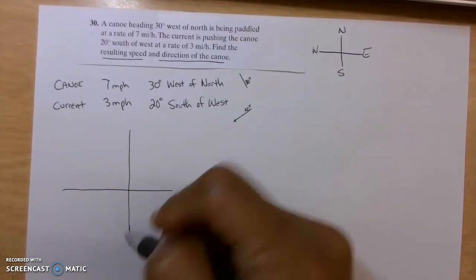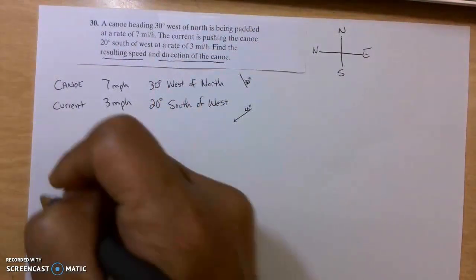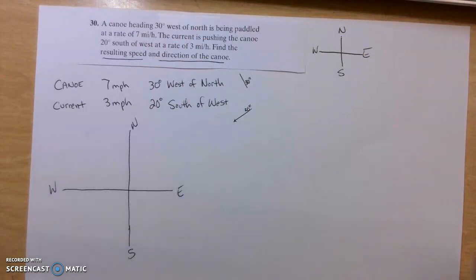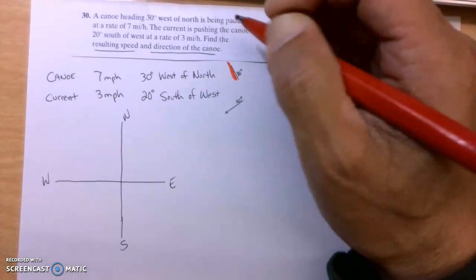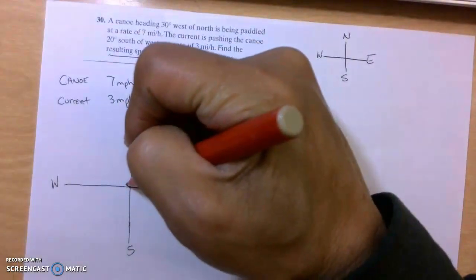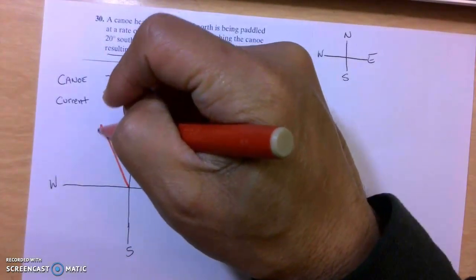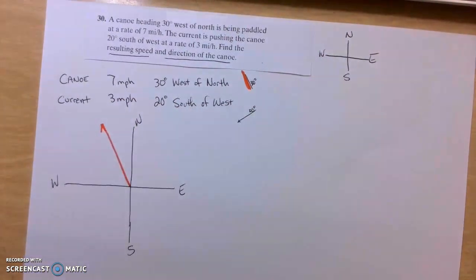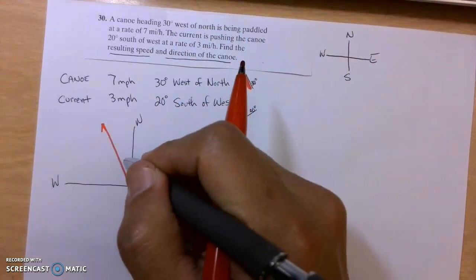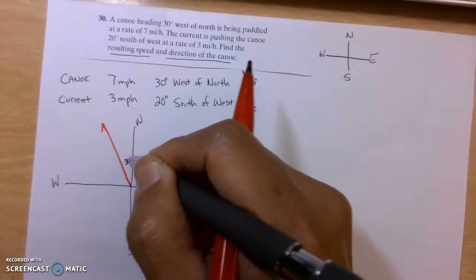All right. So we've got north, south, west, east. I will use the red for the canoe. So this canoe is going like this. There it is. It is 30 degrees west of the north line. So I'll put a 30 degrees right in there.